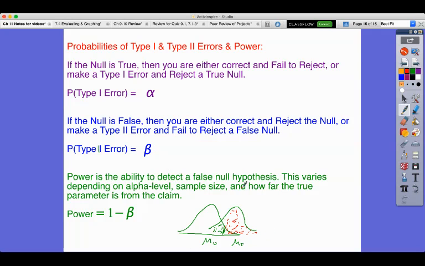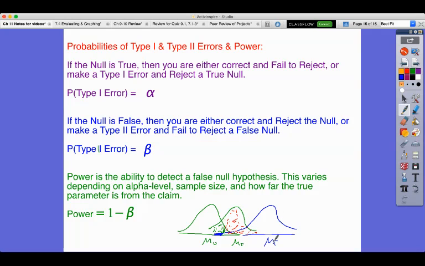Now, if I have a true parameter that was way over here, let's say, then its distribution looks like this. What's the probability that I'm getting a sample way over here? Almost zero. That's my beta, and this is my power, okay?